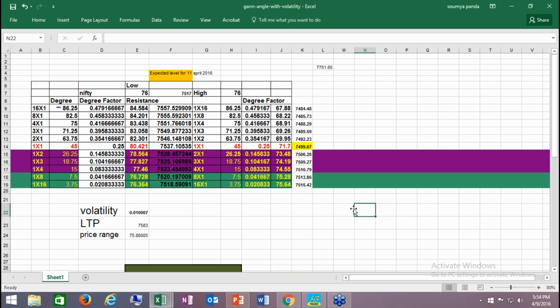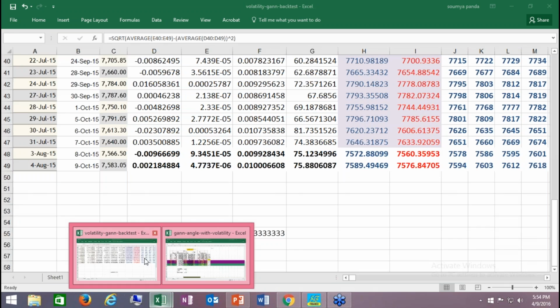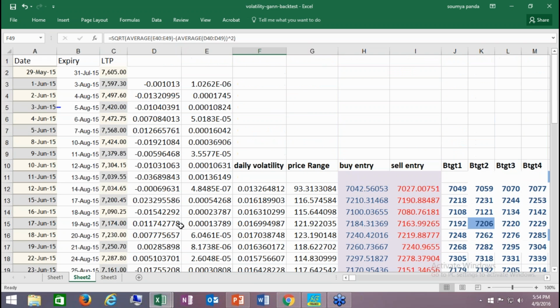It was you who was wrong, who did not do any money management in anticipation of a bigger profit. So follow any principle, but hedging is equally important. This is what you have seen in the Gann angle and volatility.